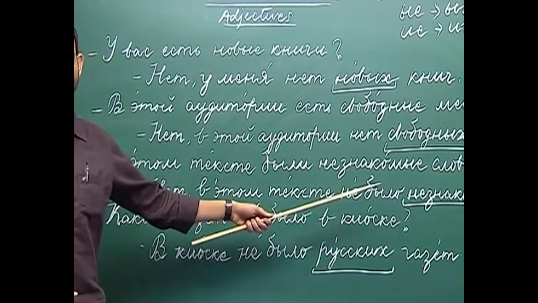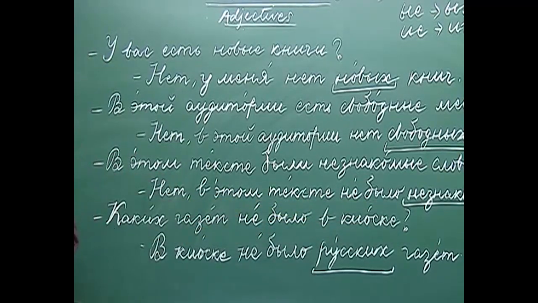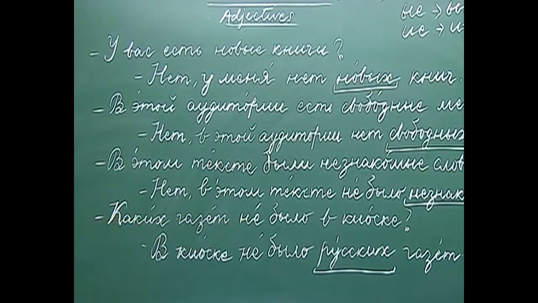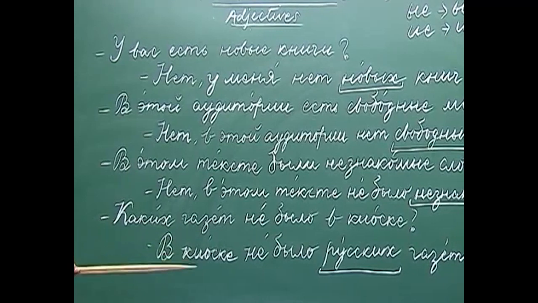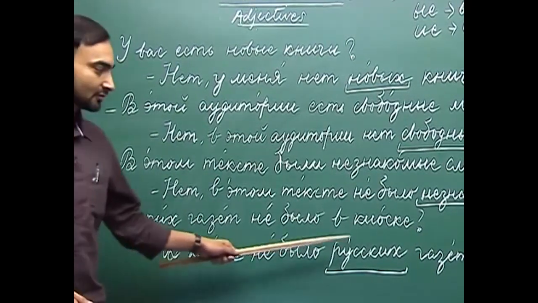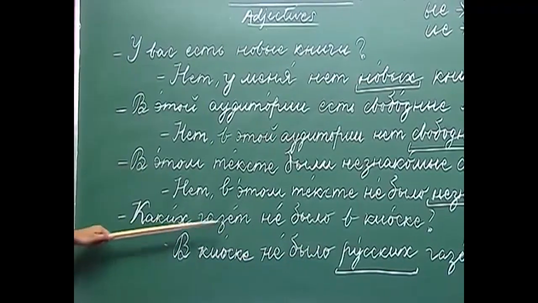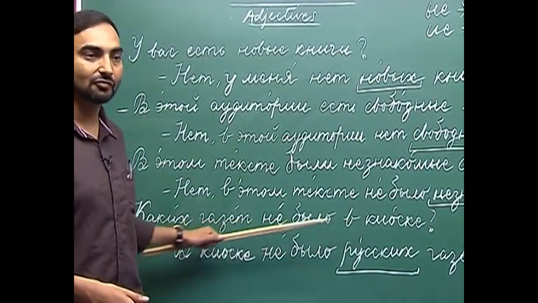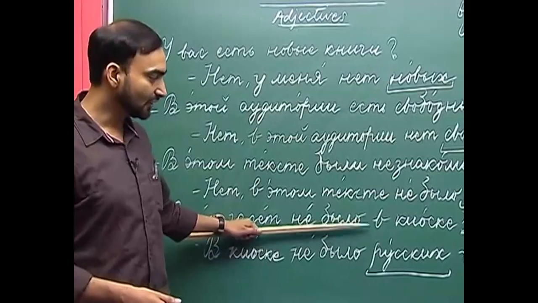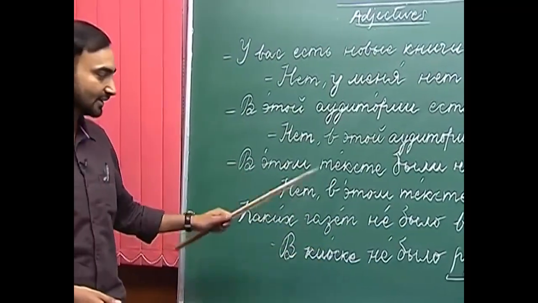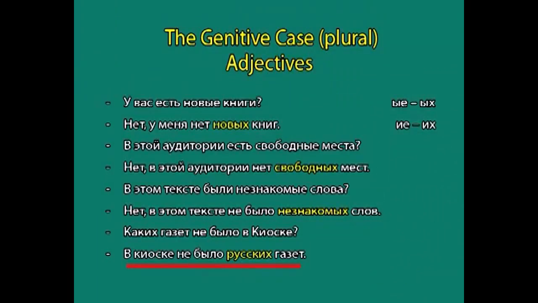Kiosk is booth, or kiosk as we say in English. So, how will you answer this question in affirmative? If you have to use русские, see, the question itself says не было, so the question itself denotes negation. So, we will directly answer this question in negation. В киоске не было русских газет.